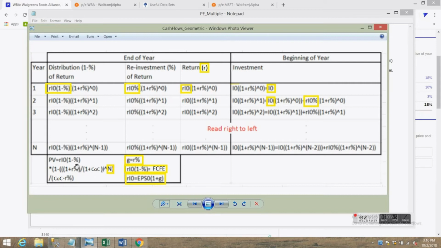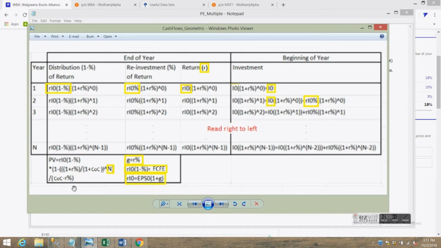And the present value of that, since this is a geometric progression, can be proved to be just RI naught times 1 minus the reinvestment rate times this factor, if you cut it off after 10 years, and then divided by the cost of capital minus growth.